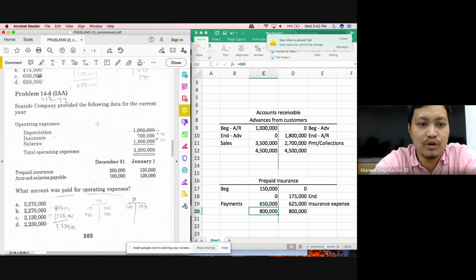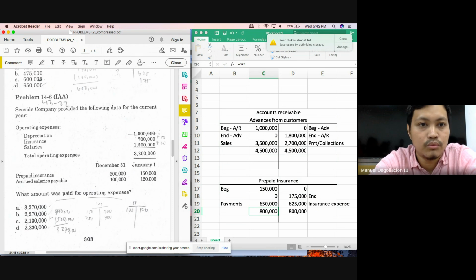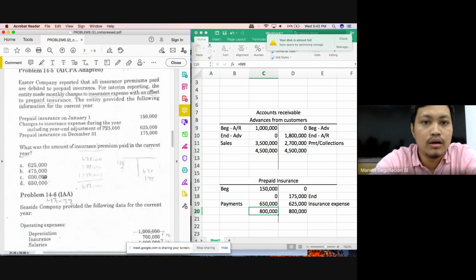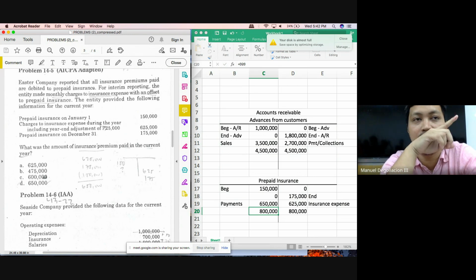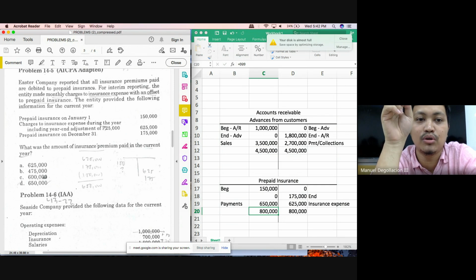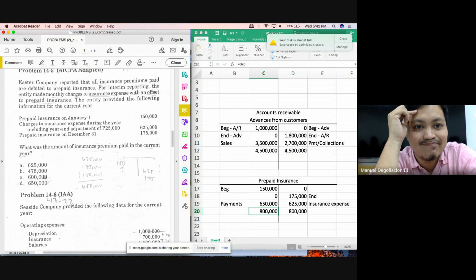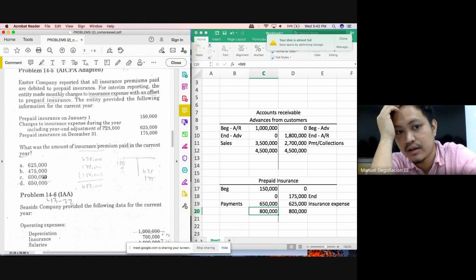Let's proceed to problem 14-6. The policy is every month you will have to make a recording. Okay, it just means that you are already able to update for the end of the year.